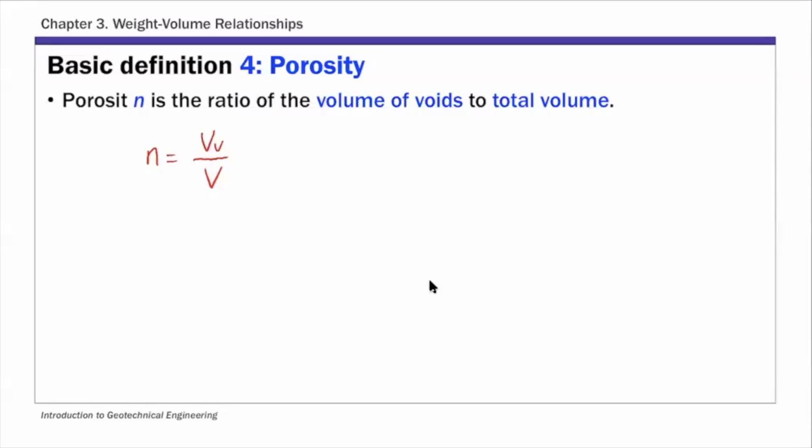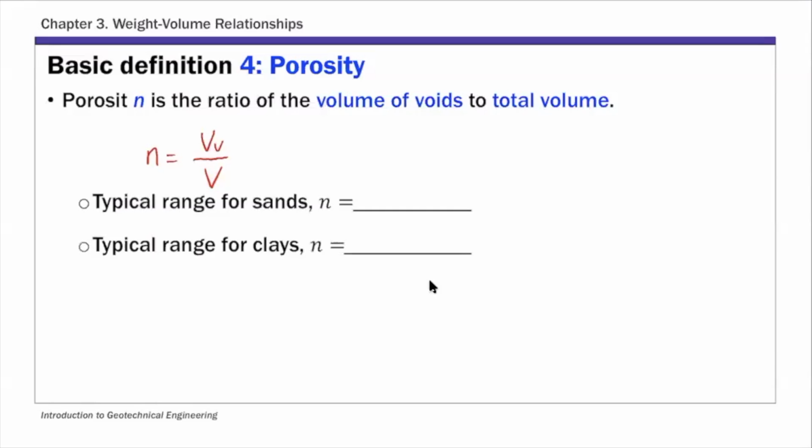If you look at the definitions, they're very similar. They're trying to quantify the volume of voids over either the solids or the total volume. The typical range of porosity n for sands is 0.2 to 0.5. Sometimes people use percentage for porosity, so this will be 20% to 50%, which simply means 20% of the soil is occupied by voids.